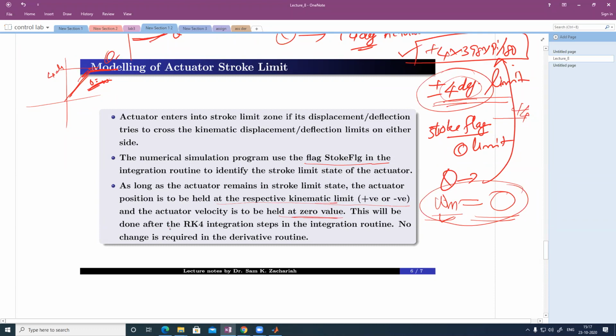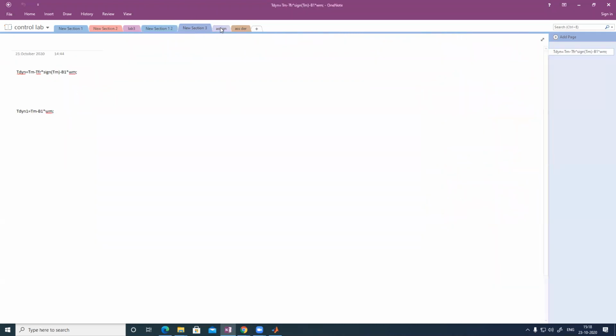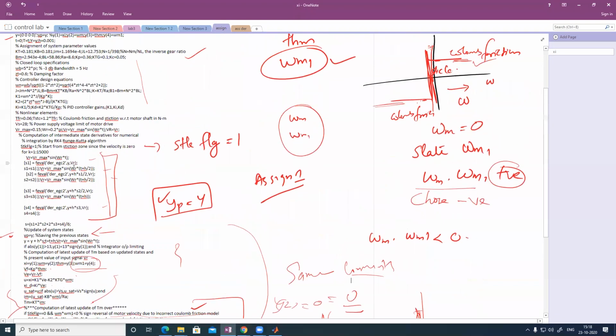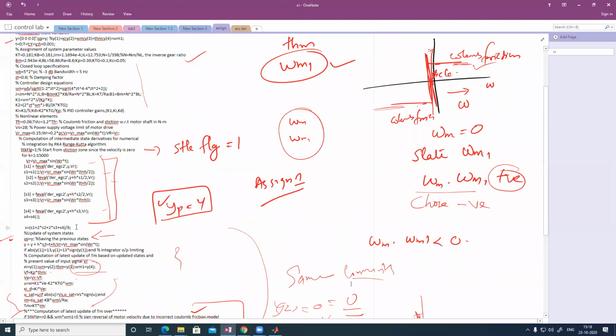This can be done after the RK4 integration steps in the integration routine. So this is the RK4 integration routine, up to here.